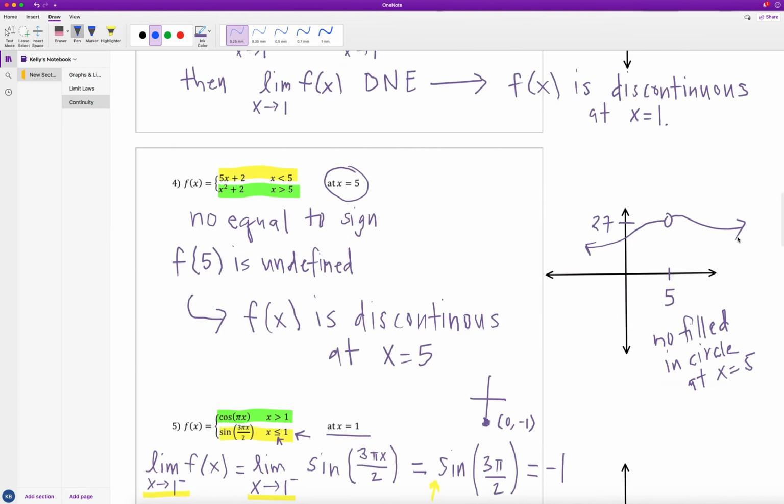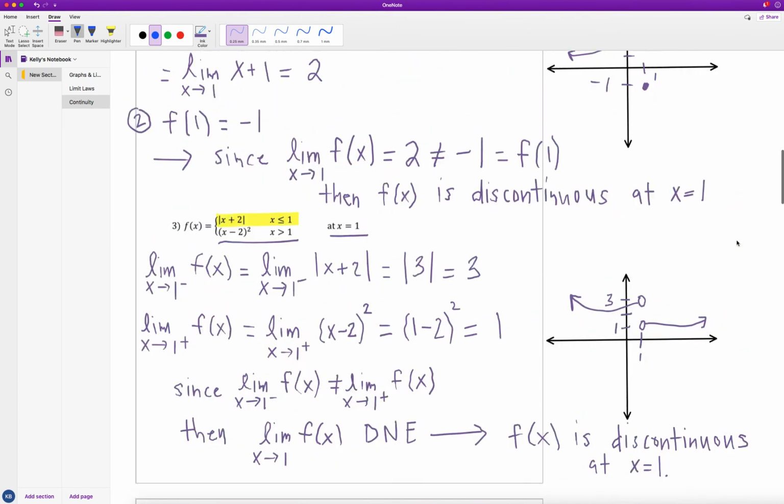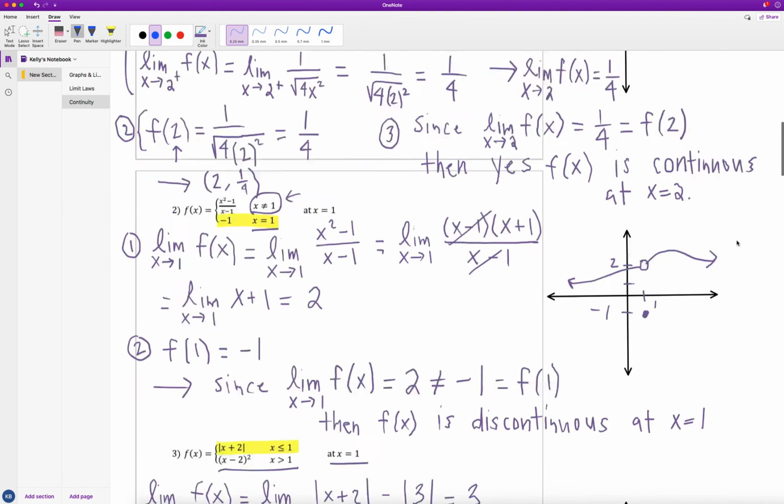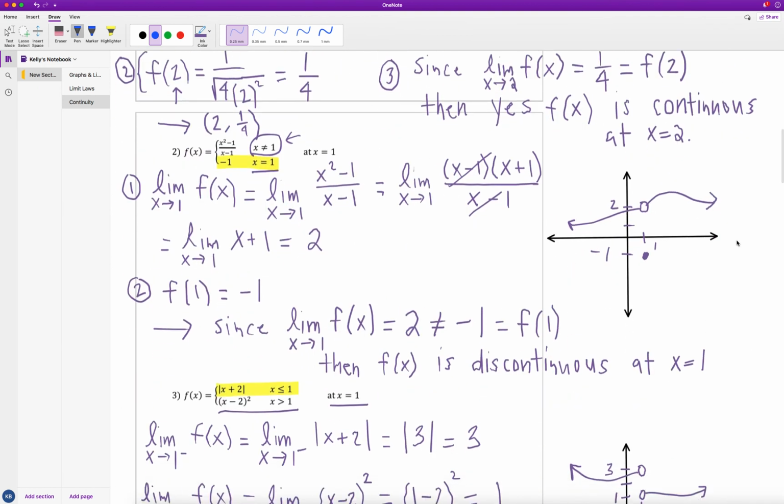So if I scroll back up, our first example was continuous, but our second example was discontinuous, and the type of discontinuity here that we have is removable.